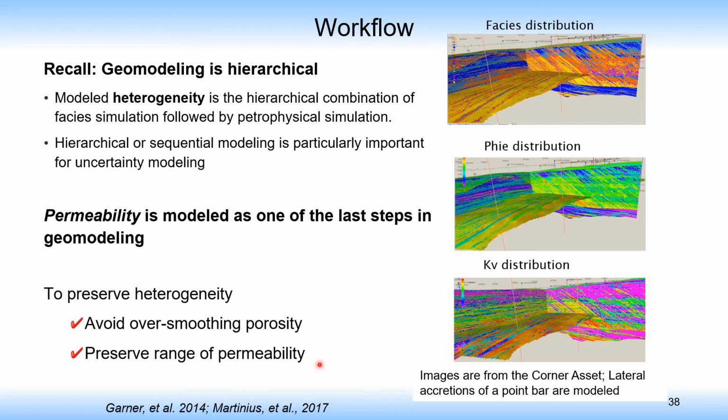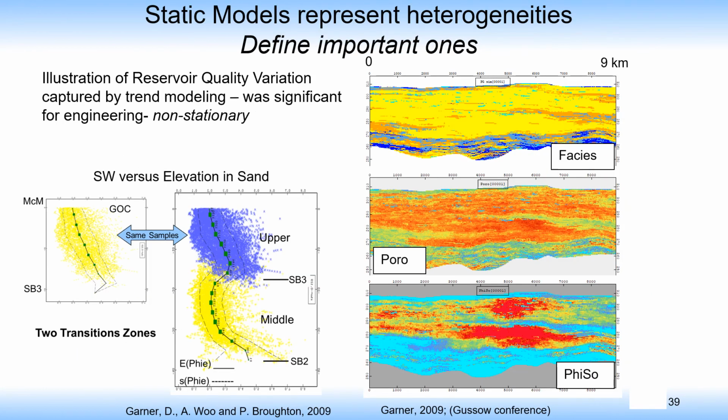So if you can, simulate them rather than using regression functions. And then static models do represent heterogeneities, so you want to define the important ones for your study, for your extraction and evaluation.